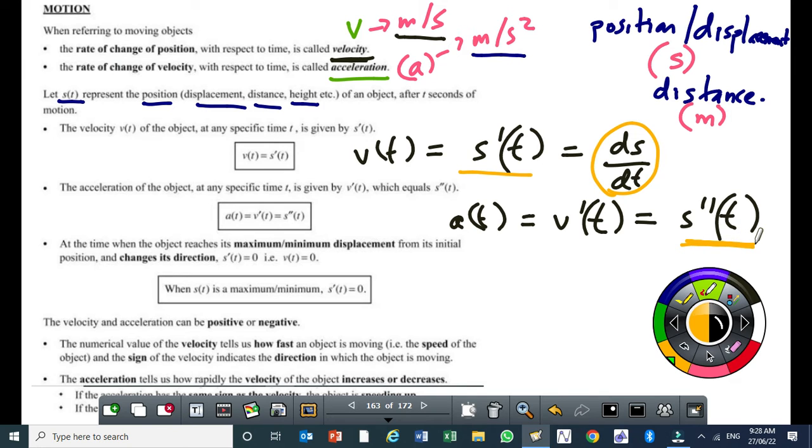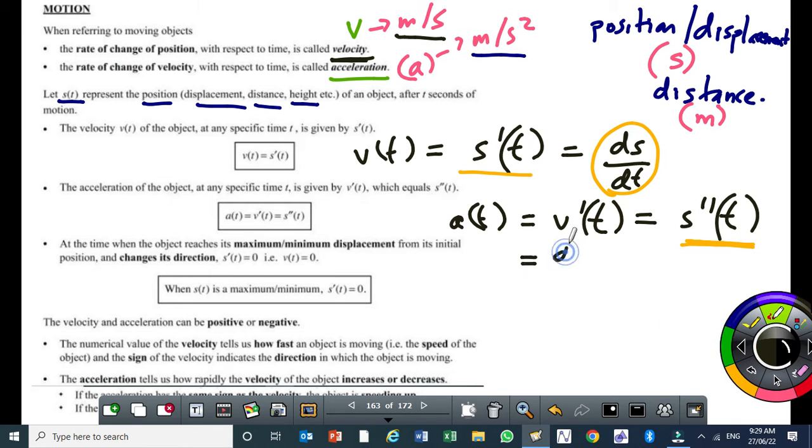So you can either start with s(t), then you find s prime of t, that's velocity. Then s double prime of t, that's acceleration. Now, just to simplify, acceleration is the rate of change of velocity. So this is also equal to dv over dt. That's acceleration.